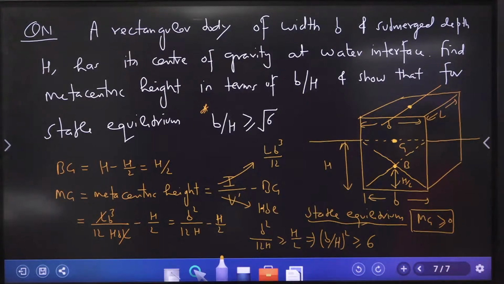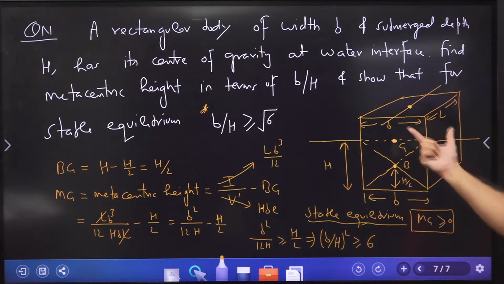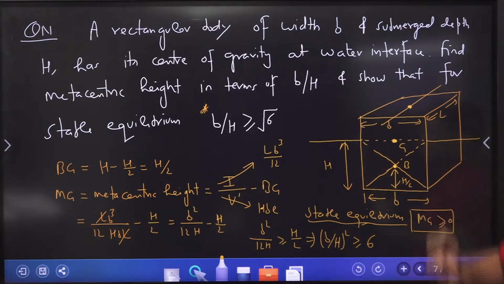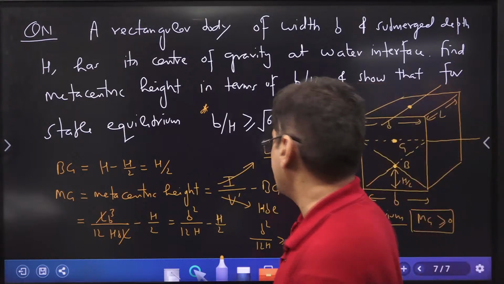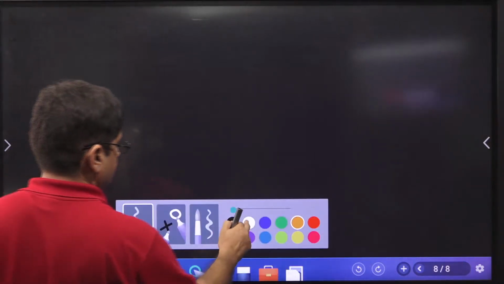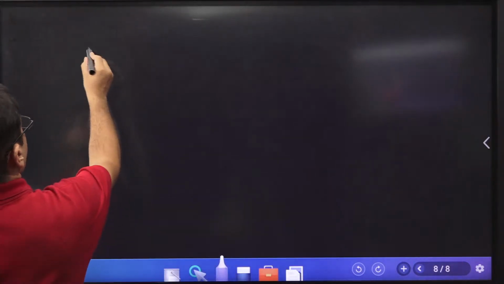In this particular case, let us say he gives you B as 3 meter, H as 1 meter. Tell me, is this stable or not? Let me frame this question now. These are the two situations he has given you. Rectangular body.